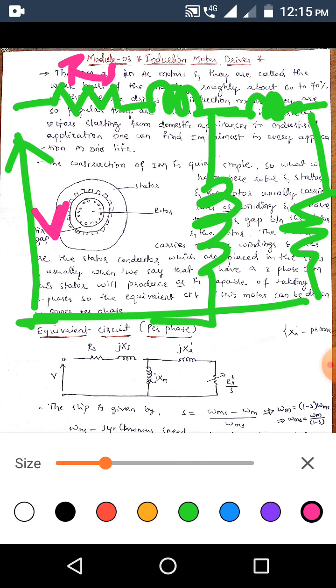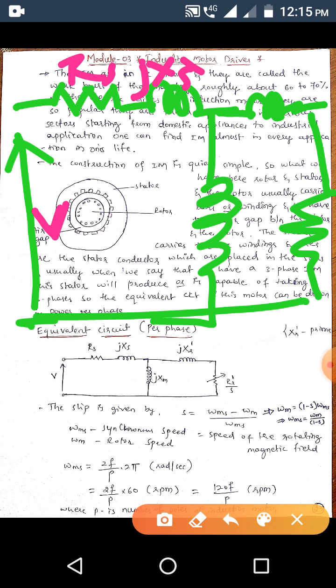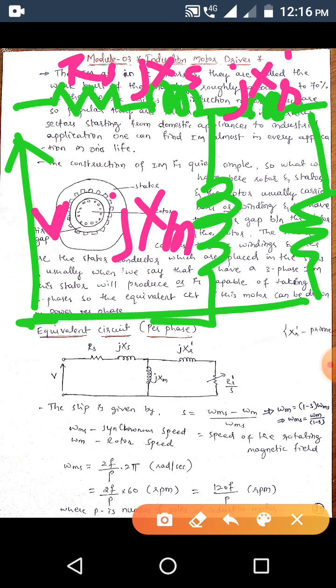This is the stator resistance, this is the reactance of the stator or leakage reactance, and this is the magnetizing reactance. And this is jX R star, or the leakage reactance of the rotor here, we'll call it jXR prime.